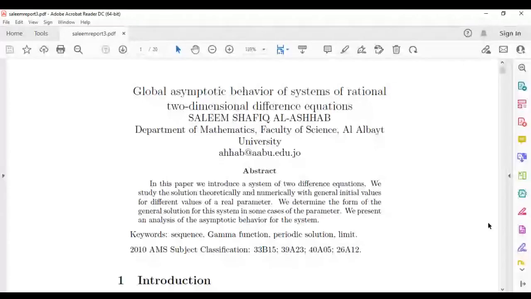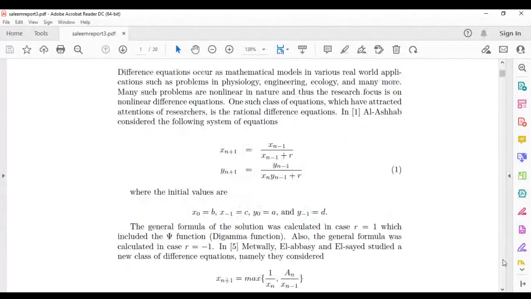Today, I will talk about my paper about difference equations. It's a mathematical topic which has some applications in real life, like psychology, engineering, ecology.